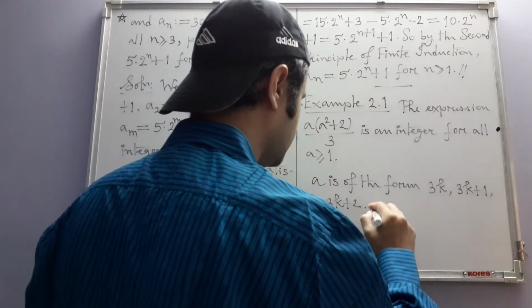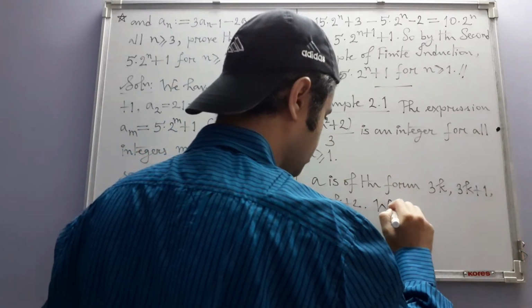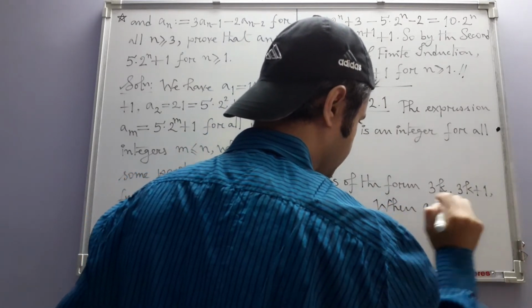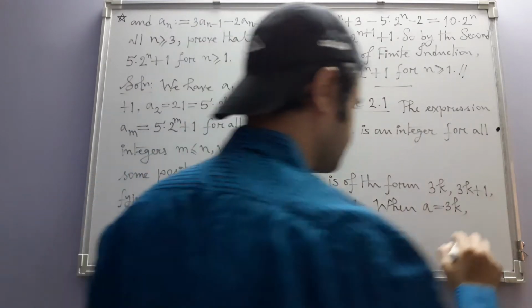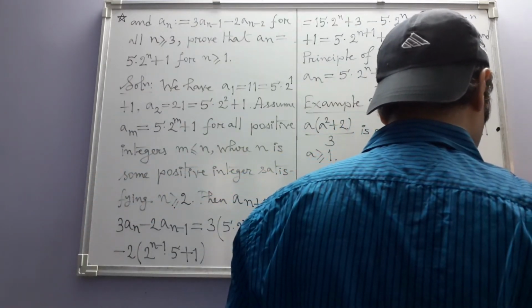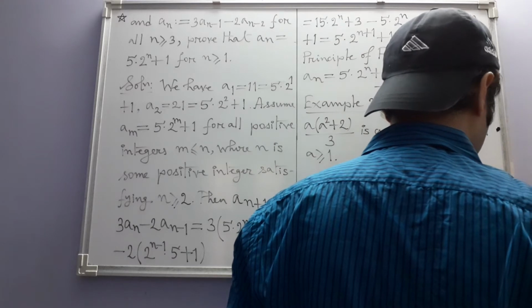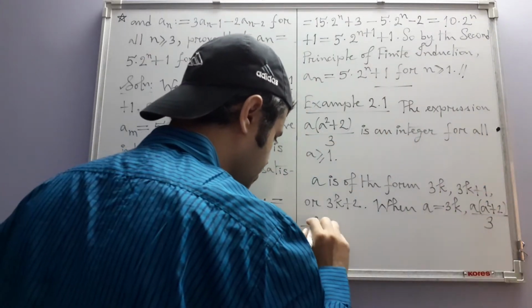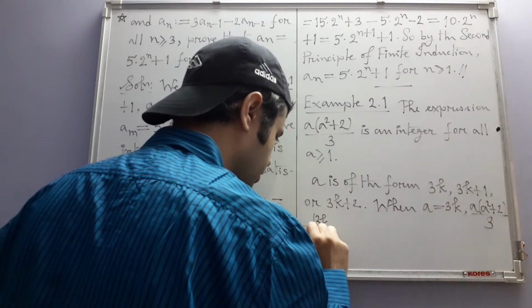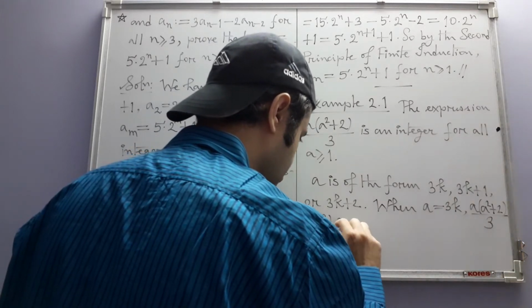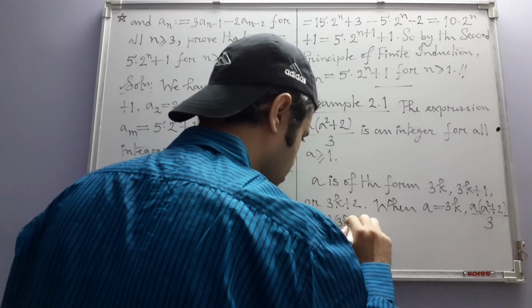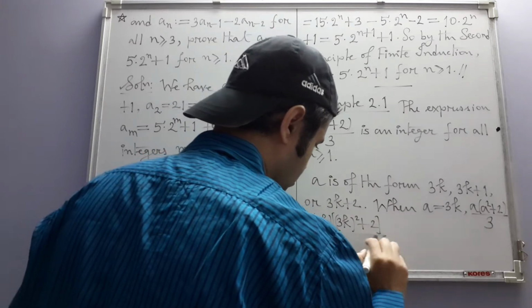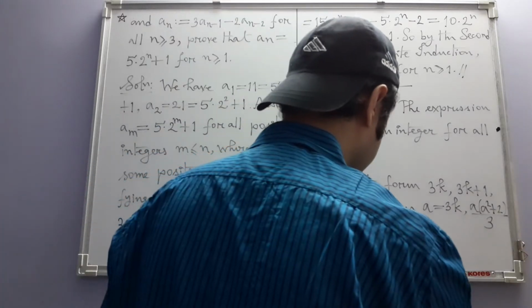So when a is 3k, in that case a times a square plus 2 divided by 3, in this case it's almost immediate because we have 3k outside, divided by 3.